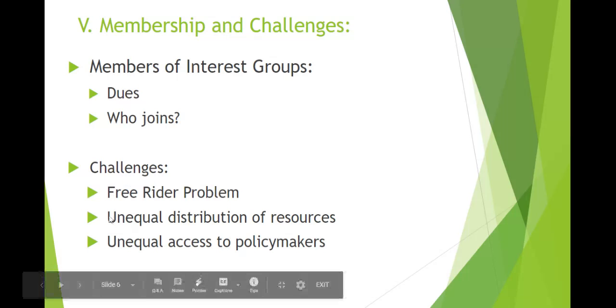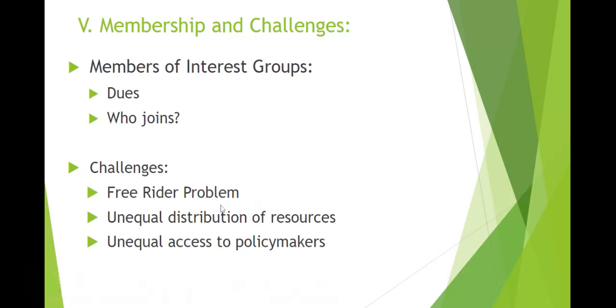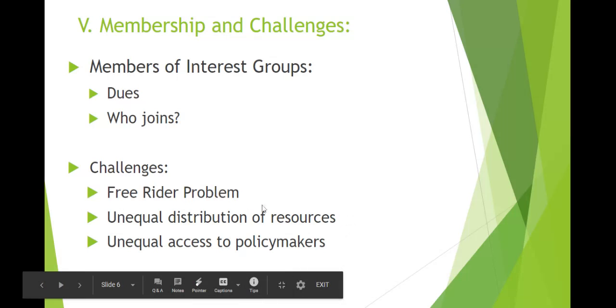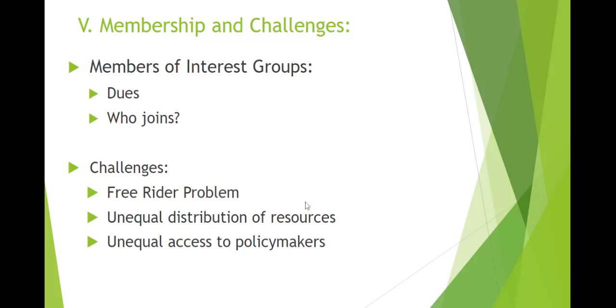And then you've got these two that are kind of related: unequal distribution of resources. Some interest groups are older, more well-known, naturally appeal to people with higher income or who are more willing to invest in them. And so not every interest group on every side of an issue is going to have access to the same level of resources.